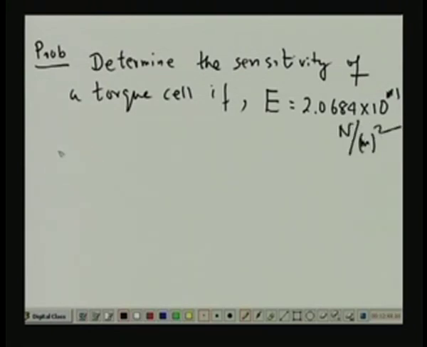Then Poisson's ratio mu of the link material is 0.3. Excitation voltage, that means EEX, is equal to 8 volt.